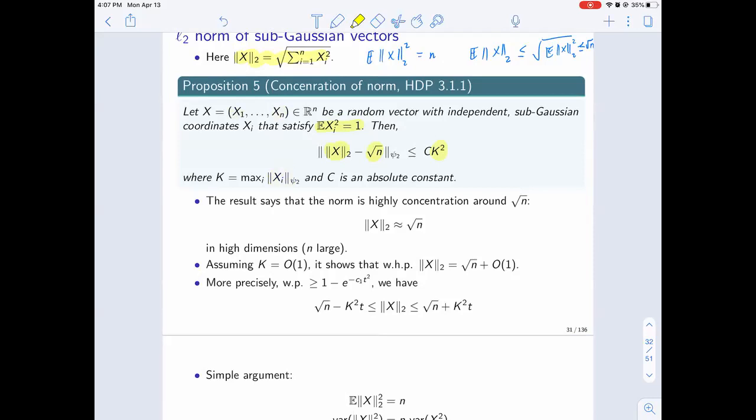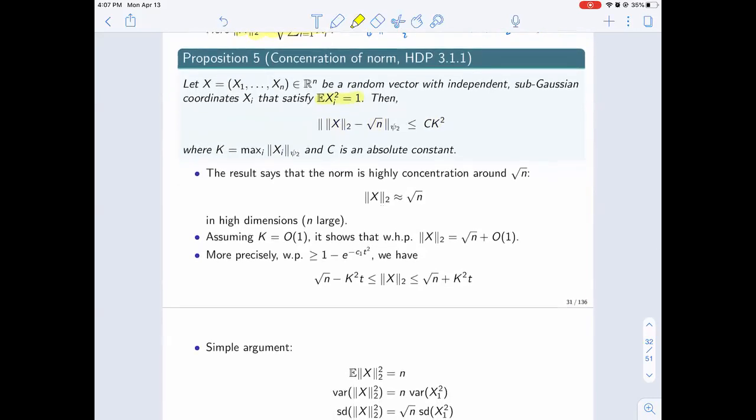If K is a constant, then this is going to be a constant. You can see this is growing like root N. If this is a constant, this means the norm itself is very sharply concentrated around root N.